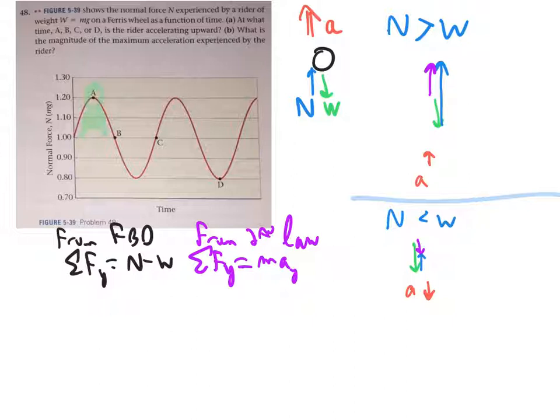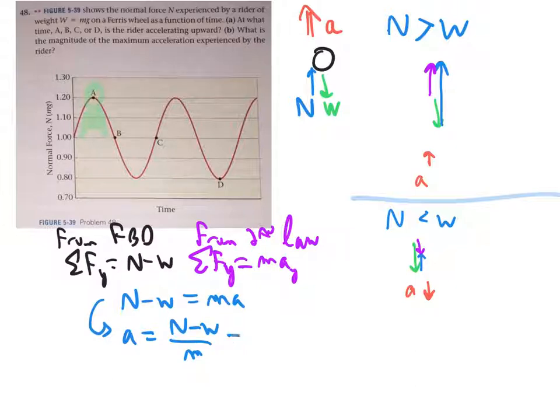So in every case, we can say together that the normal minus the weight is M times A, which tells us that A is the normal minus the weight over M.